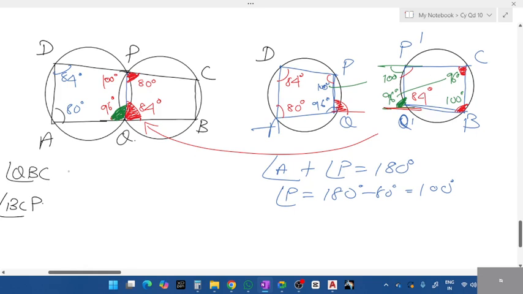What's the answer? 100 degrees. BCP is 96.